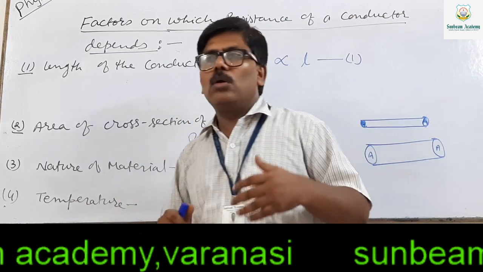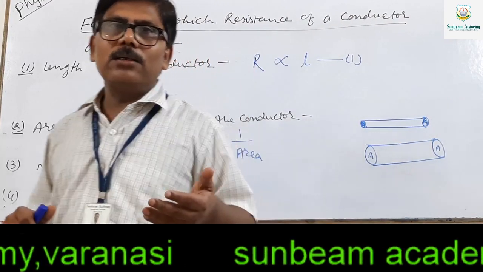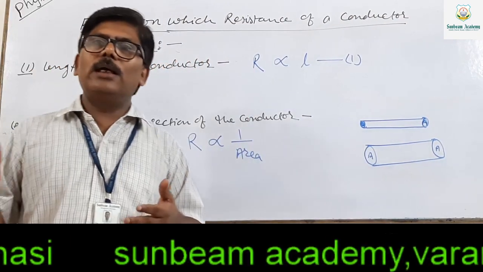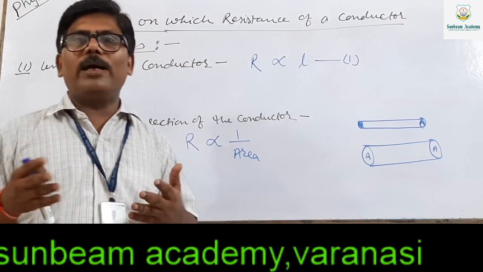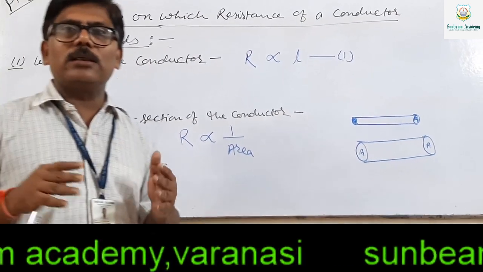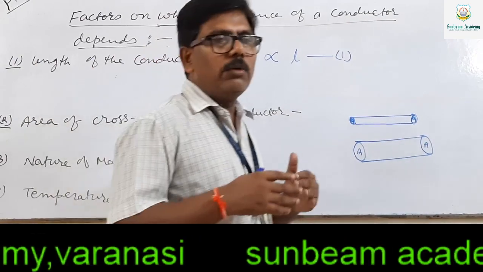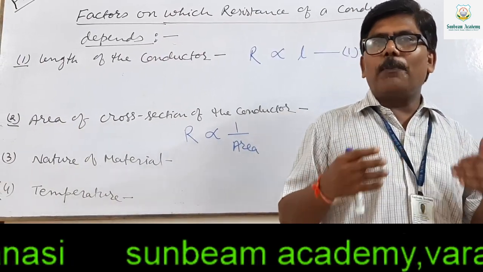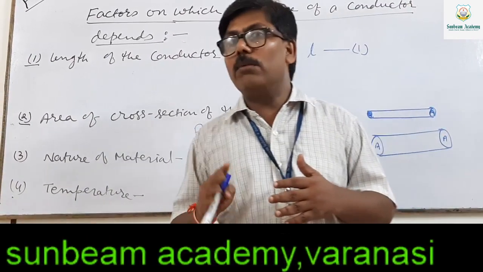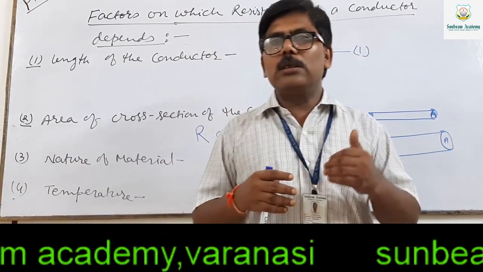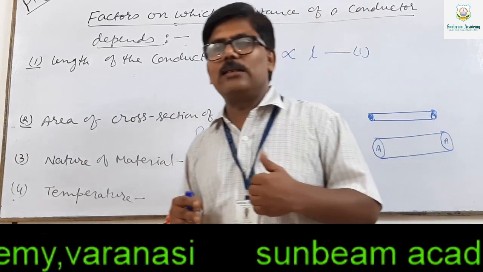So copper wire is much better to use in electrical wiring. That's why today we are using copper wire, not aluminum wire, for electrical wiring. Why? Because copper wire has less resistance.